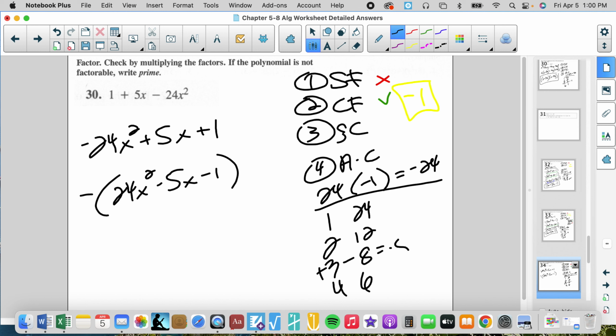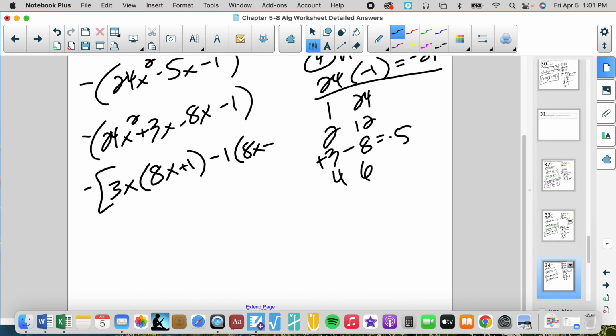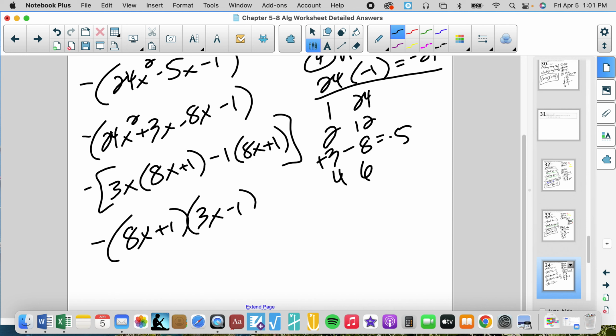Bigger's negative, -5. 24x squared plus 3x minus 8x minus 1. Let's factor out a 3x, which gives us 8x plus 1. Let's factor out a -1, which gives us 8x plus 1. And we get 8x plus 1, 3x minus 1.